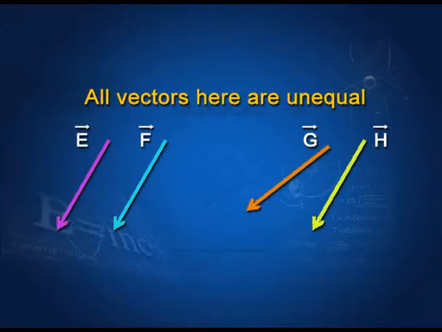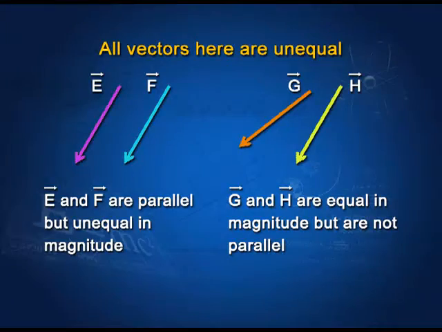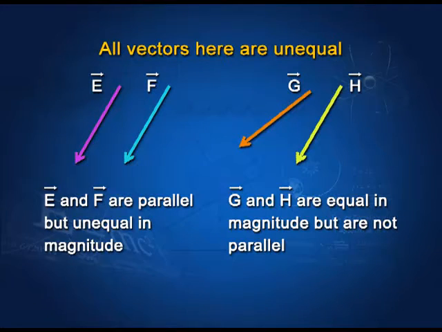All vectors here which I have shown are unequal. Why are they unequal? Let us remember the definition of equal vectors. Two vectors are said to be equal if they point in the same direction and are equal in magnitude. Here vectors g and h have the same magnitude, but they are pointing in different directions, and therefore by our definition they are not equal.